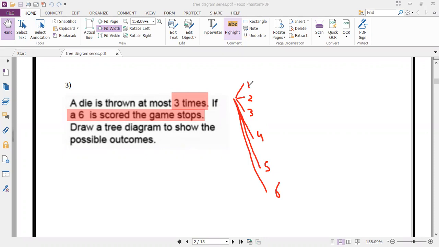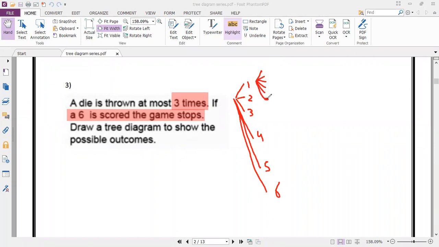The second one, if you have got 1, then we can do the experiment again and roll the dice again. If you roll the dice again, you might get 1, 2, 3, 4, 5, 6.